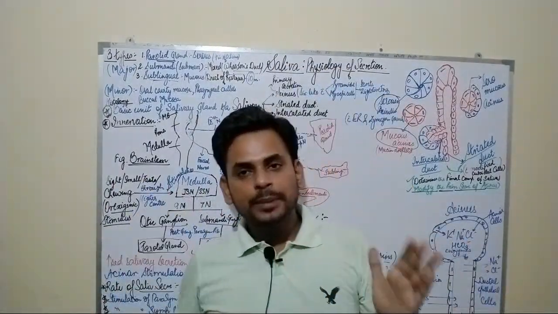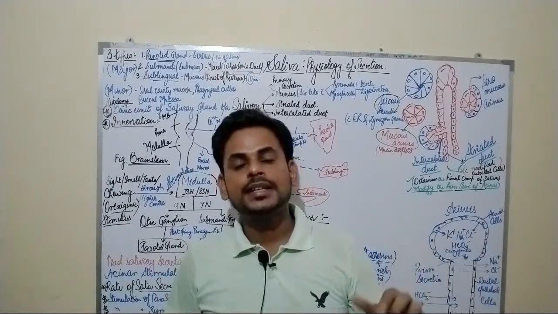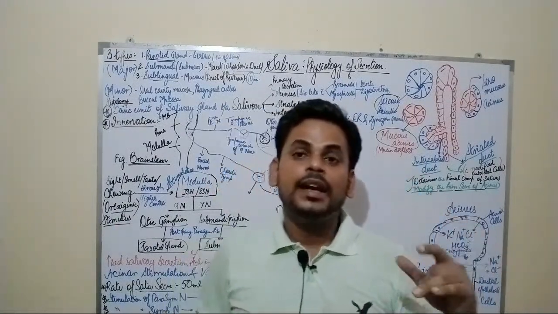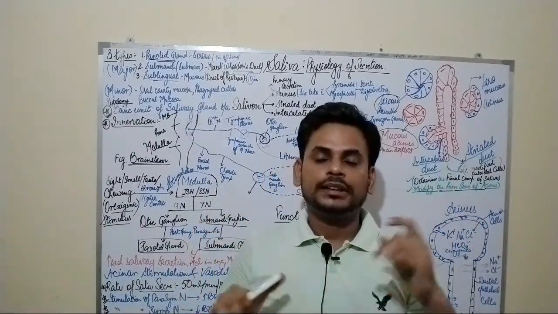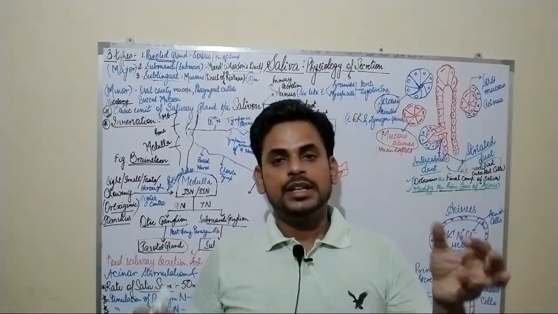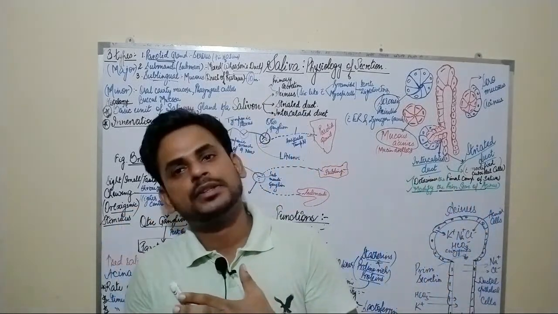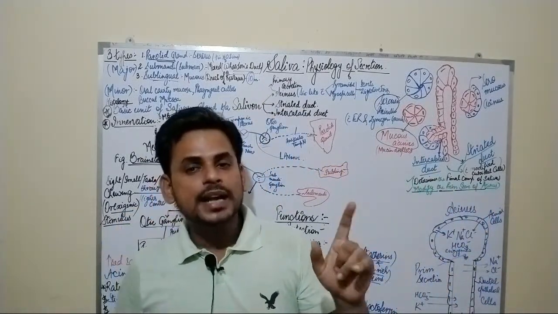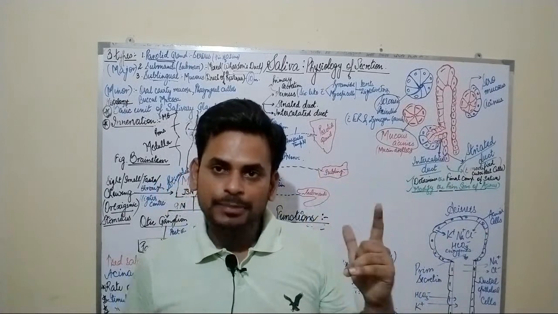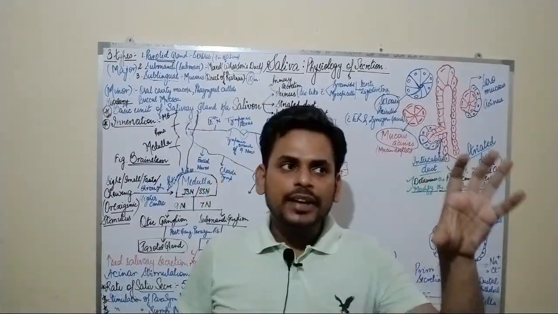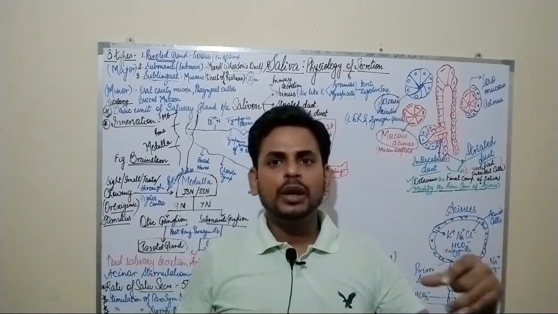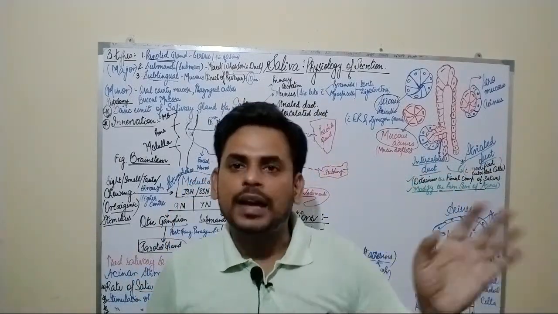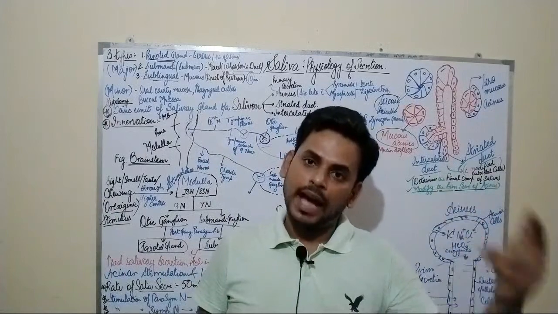One of the very important questions very frequently asked in most competitive exams is about the ducts. Salivary glands are exocrine glands. Exocrine glands, as you might be well aware, are those glands whose secretion is poured through a duct, so they are also called duct glands.